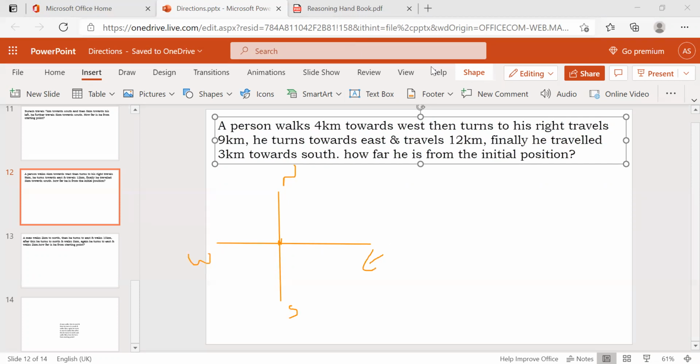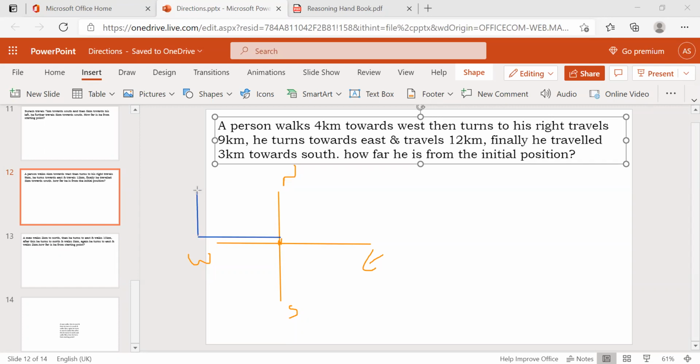Now, you just see this. A person walks 4 kilometers towards west, like this. Towards west, how many kilometers? 4 kilometers. And then turns right. Which one is right? West, right is nothing but north.